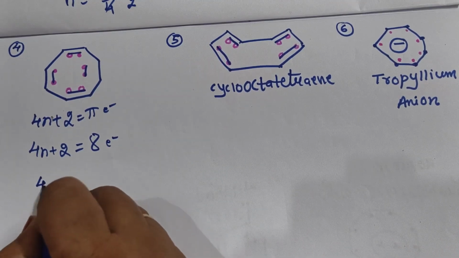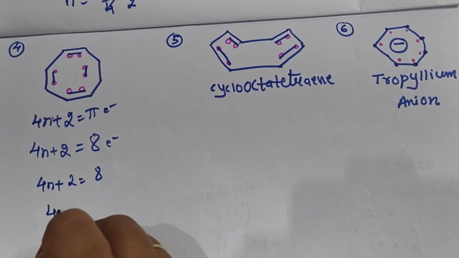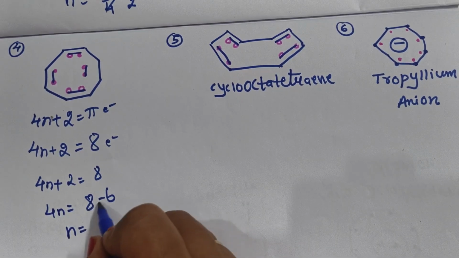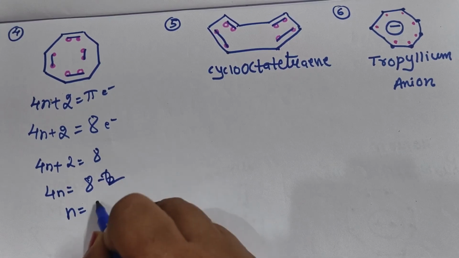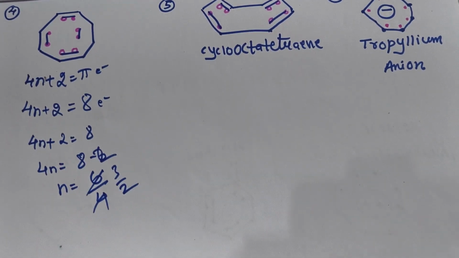Now when we solve it, 4n plus 2 equals 8, so 4n equals 8 minus 2, you get 6, so n equals 6 by 4, which is 3 by 2. It's not a whole number, so again this is not an aromatic compound, it is a non-aromatic compound.